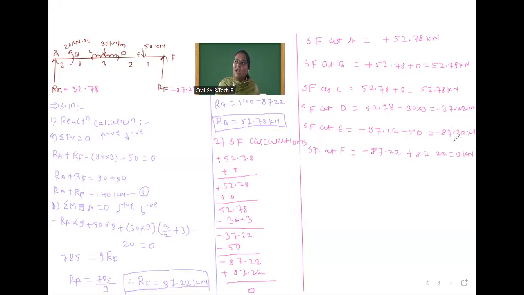Now you tell me at which point bending moment is maximum, or at which point shear force will change its sign. D. Okay. You observe here, at C point, shear force is positive, and at D point, shear force is negative. That means it indicates at this point the value of bending moment is maximum.